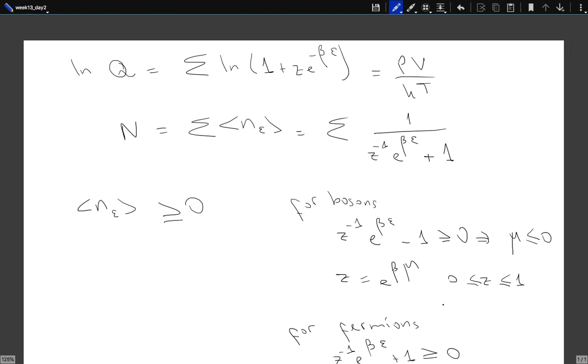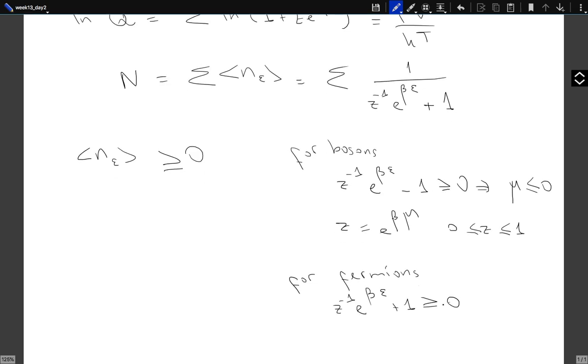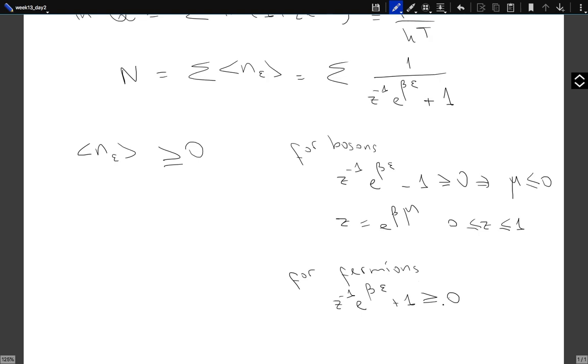Now, of course, the analytical expressions in general will be difficult, so we will be basically looking at various limits. Let's look at what z is. The z is determined by this condition over here.